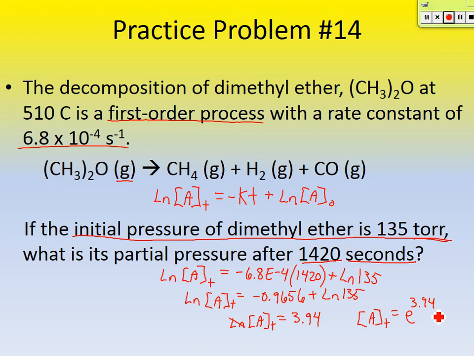And when we do that, the concentration of A at some time is equal to 51.4. Now what are my units going to be? 51.4 what? Torr, yeah, we weren't measuring in terms of molarity. This is 51.4 torr. Okay, so perfect. So after 1,420 seconds, the pressure is going to decrease to 51.4 torr.